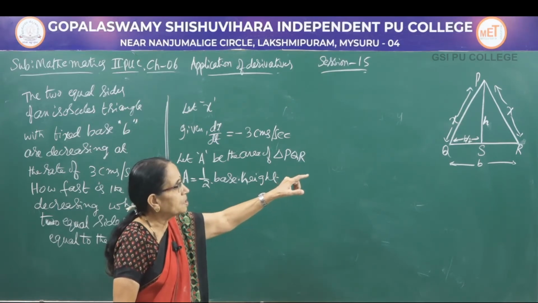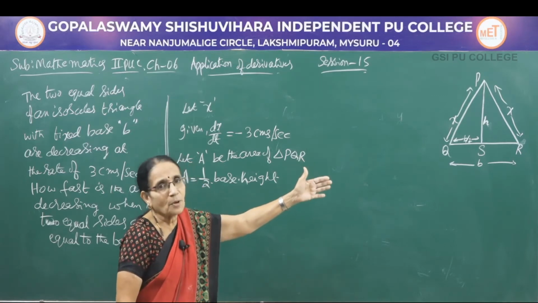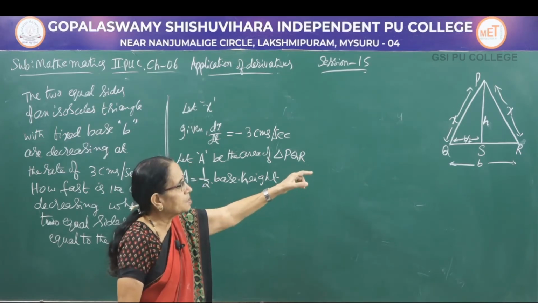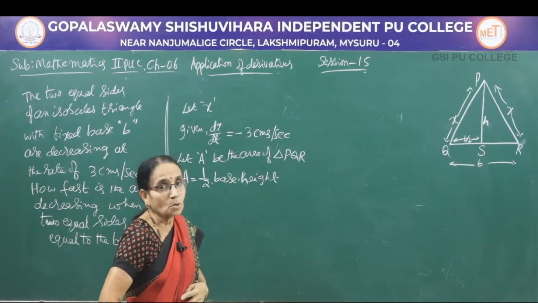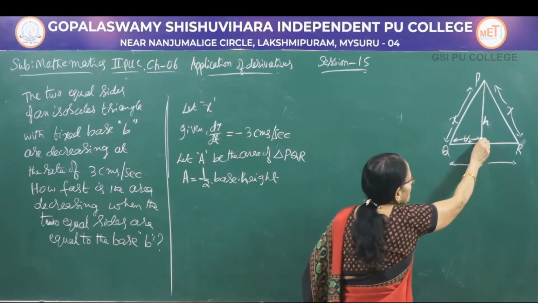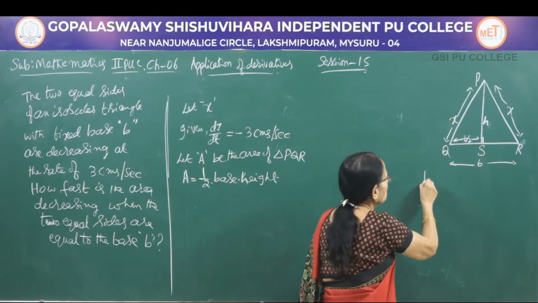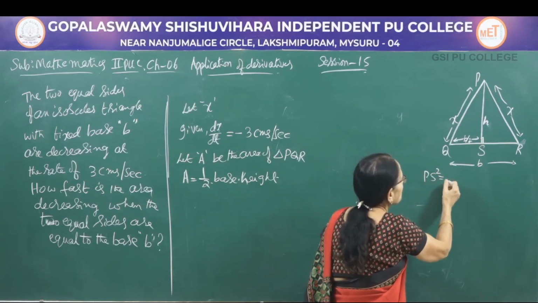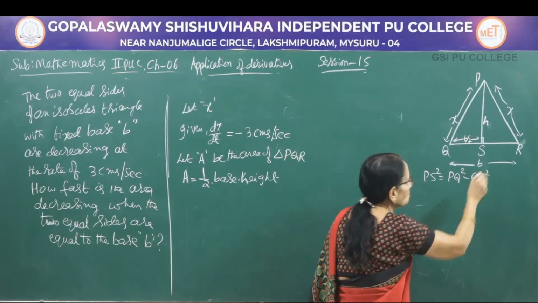Now, because it is an isosceles triangle, QS would be half of the base. The given base is B, so half of that means QS equal to B by 2, isn't it? Now, PQS becomes a right angle triangle here, so I can make use of the Pythagoras theorem. Therefore, PS square would be equal to PQ square minus QS square.